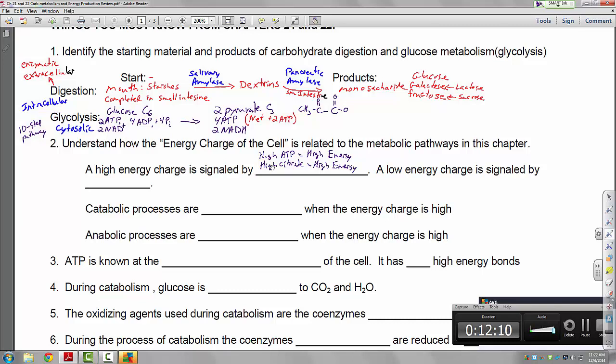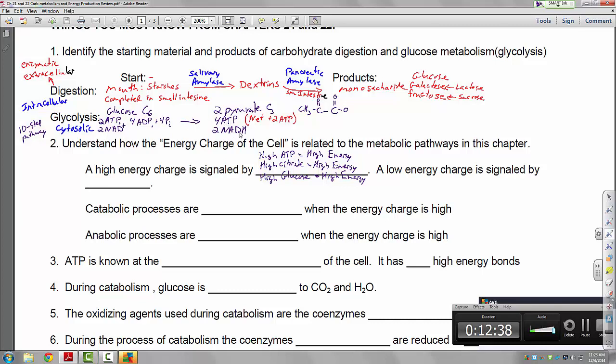and as we'll also see, high glucose. This is cellular glucose, right? Because we're talking about the energy of the cell. So high concentrations of glucose also signal high energy. So the products of glycolysis are ATP, also NADH.